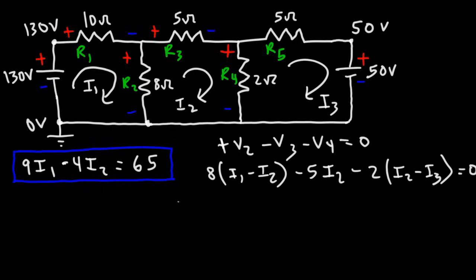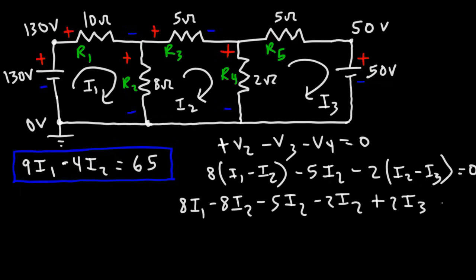Now let's simplify. So we're going to have 8 I1 minus 8 I2 minus 5 I2. And then distributing the negative 2, this is going to be negative 2 I2 plus 2 I3, and that's going to equal 0. So we can combine those three values.